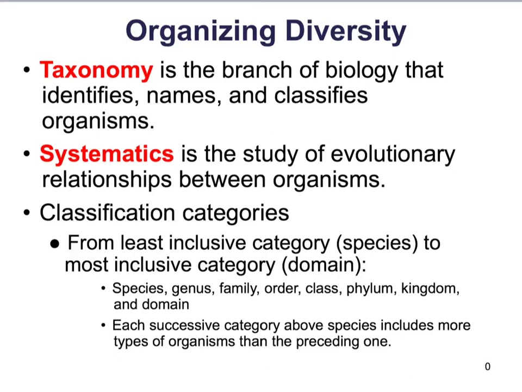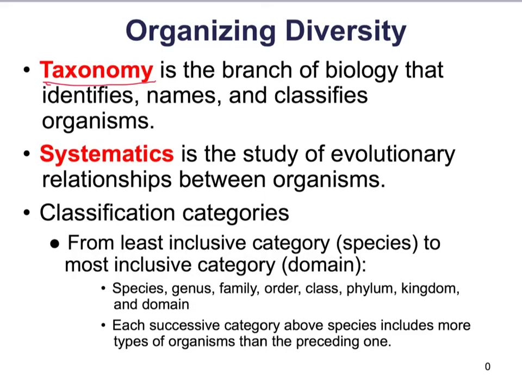So when we're looking at all this diversity, we want to make sure that we can organize it in such a way that it's easy to understand and follow. So for that we have taxonomy. Taxonomy is a branch of biology that's responsible for identifying, naming, and classifying organisms. And then we also use systematics to study evolutionary relationships between organisms.